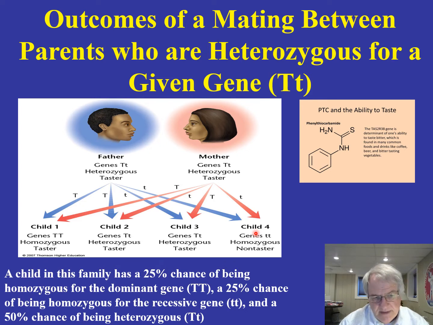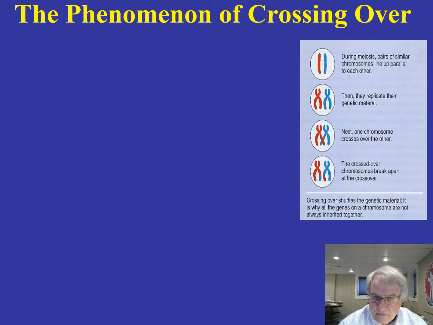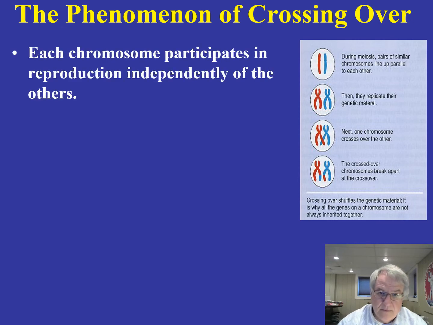So it was Gregor Mendel, again, that brought us to this point in our understanding of dominant and recessive genes. Another important phenomenon here is what's called crossing over, and this is something that occurs during meiosis. Each chromosome participates in reproduction independently of others.